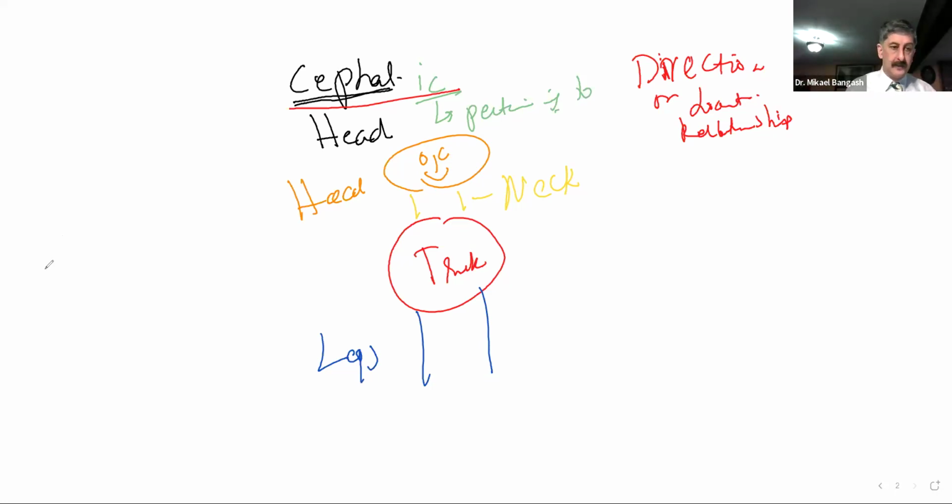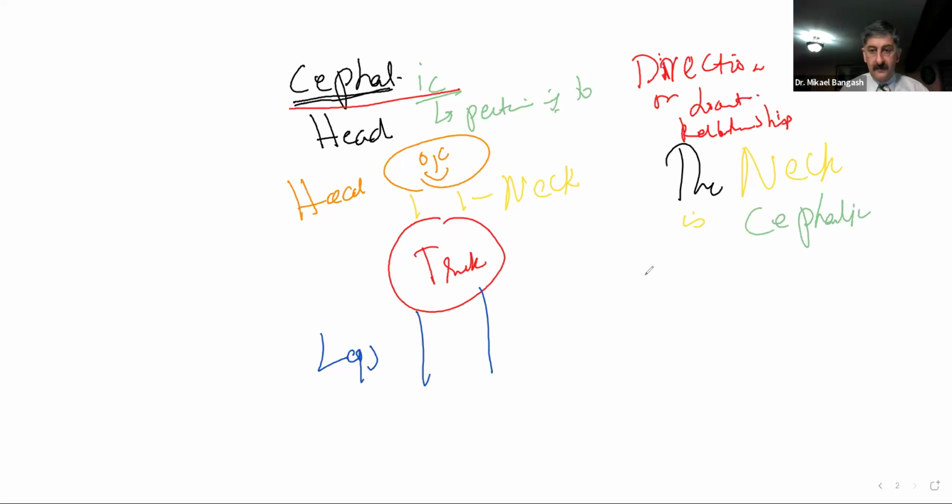So what we can say in this context is that the neck is cephalic to the trunk.